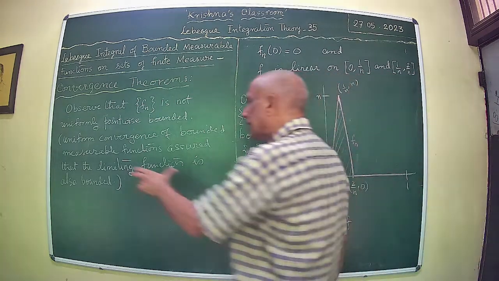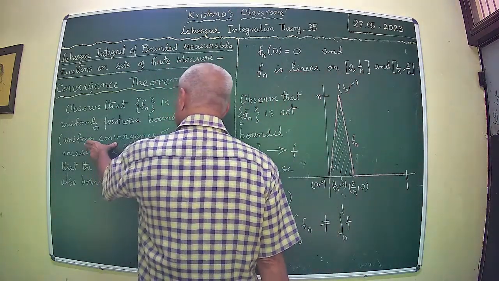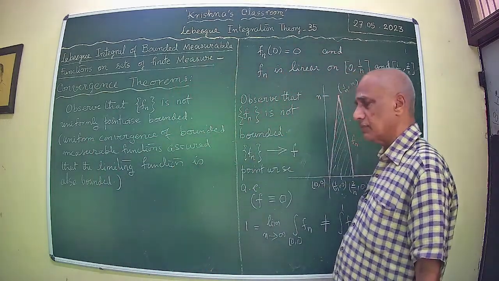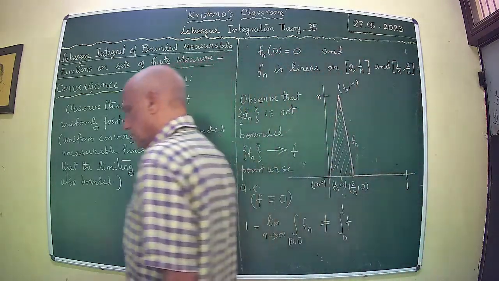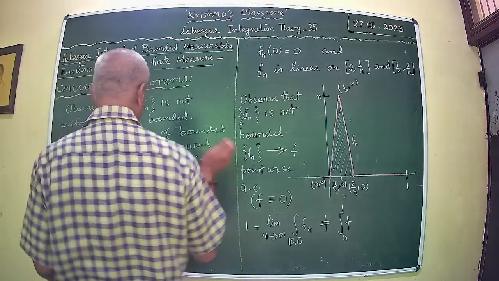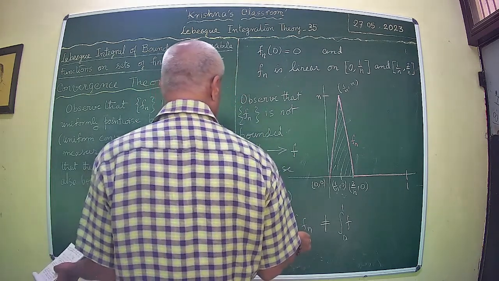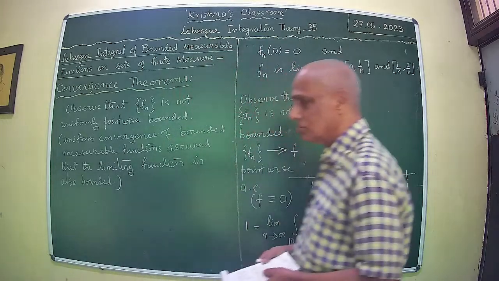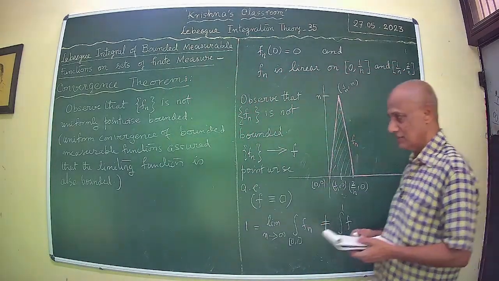So once we replace this by a more general sort of convergence, namely pointwise convergence, then you cannot assure that the limiting function is a bounded function. Okay. Therefore, for such functions, we have not introduced integration at all so far. Okay. Right?